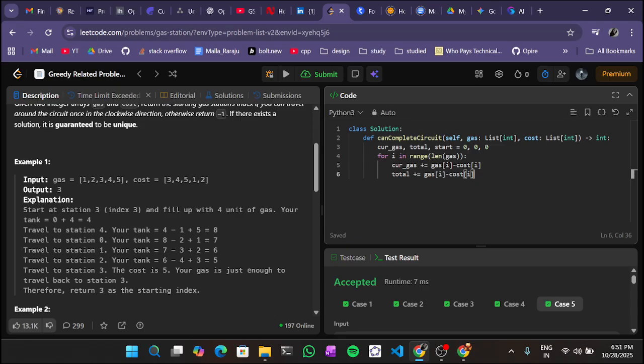I think total is not this. Current gas is less than 0.